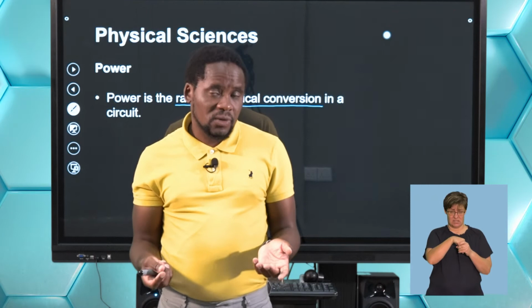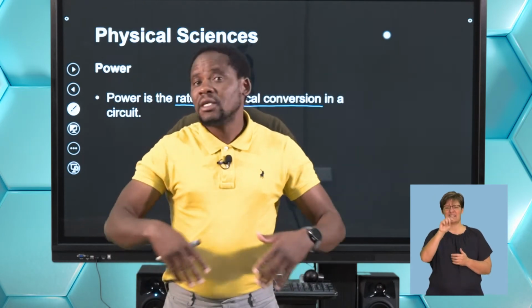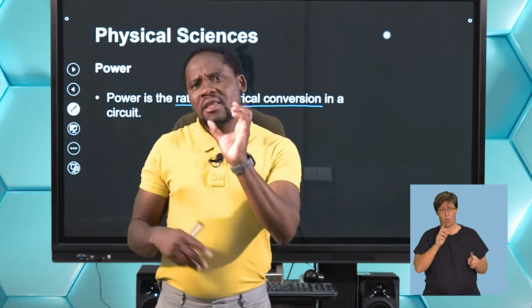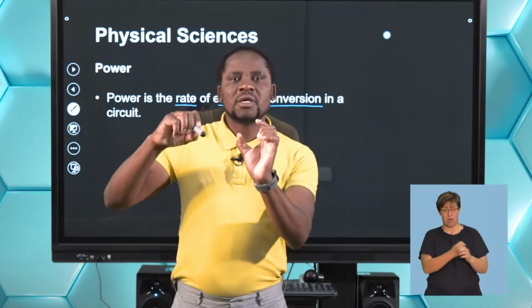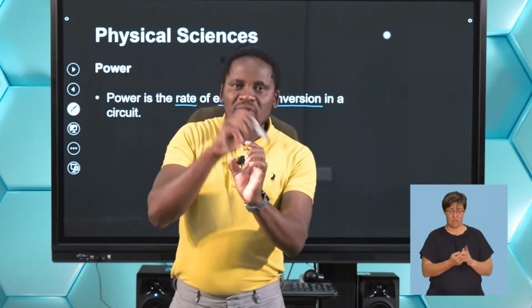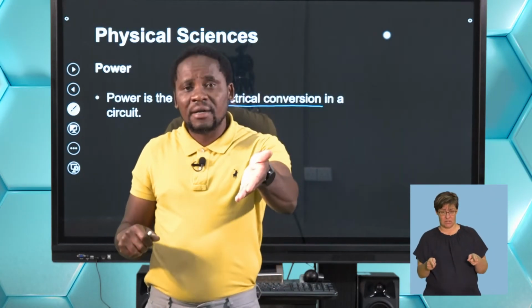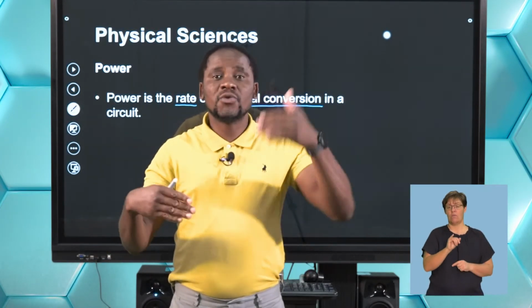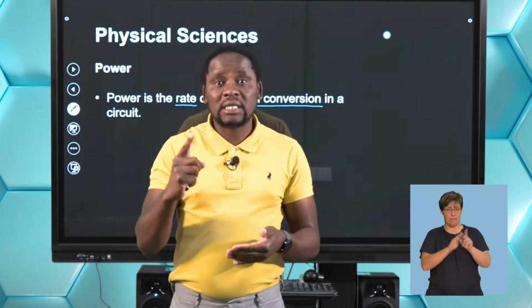We use the word rate in many different contexts, but as far as power is concerned, it has to do with how much energy is converted from one form to the other in a given time. And then the SI unit of time is obviously the second. So when we say a unit time, we're talking about a second. All right.